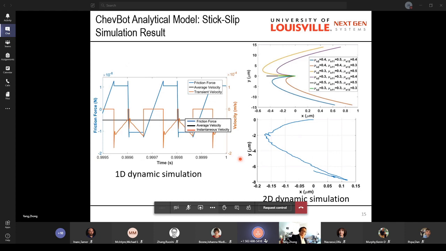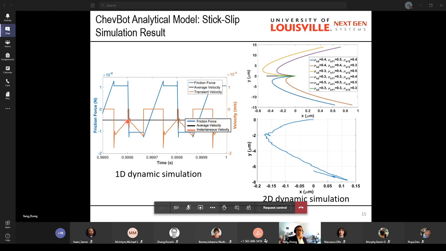We have simulated those dynamic equations through Simulink. In the 1D dynamic simulation, we simulate the average velocity of the mass center of the shotbot.